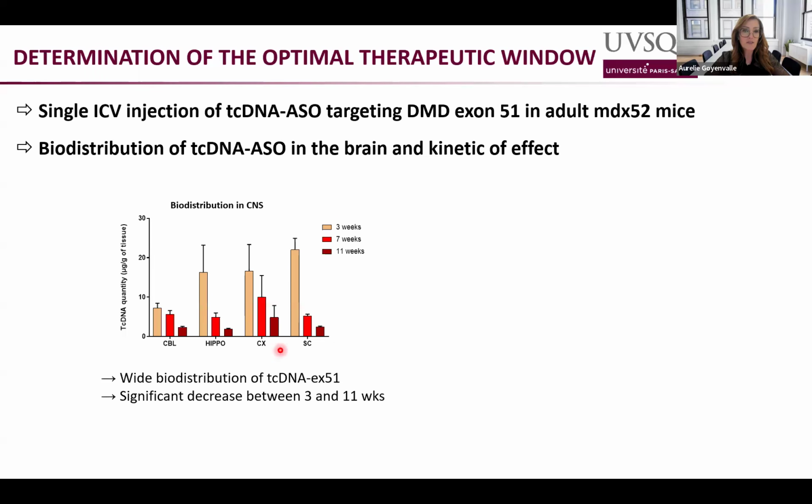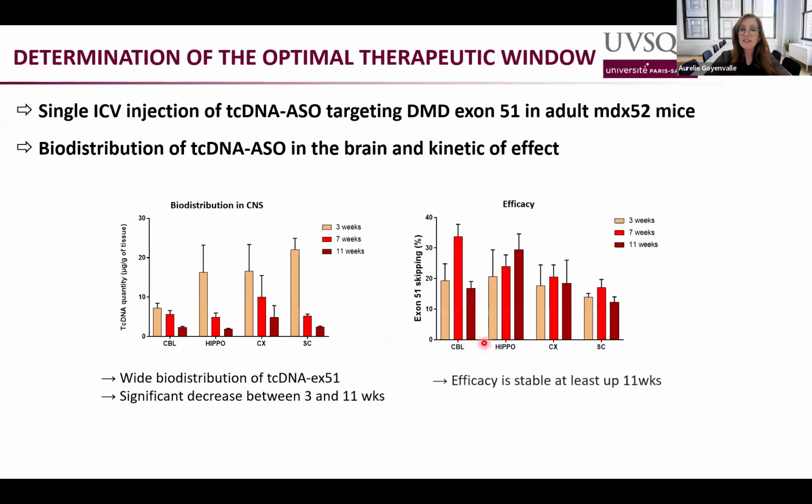We looked at the biodistribution of the compound, again a very widespread distribution across the different brain structures. You can see that with time, the level of compound clearly decreases. This was expected, a very strong decrease between 3 and 11 weeks. Interestingly, in terms of efficacy, the levels are quite stable.